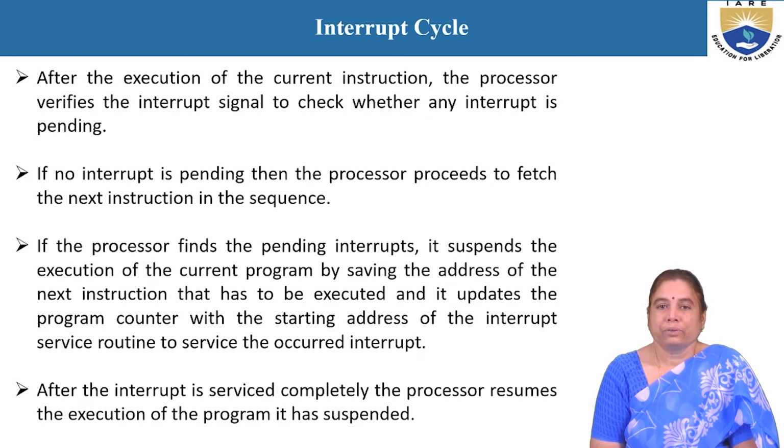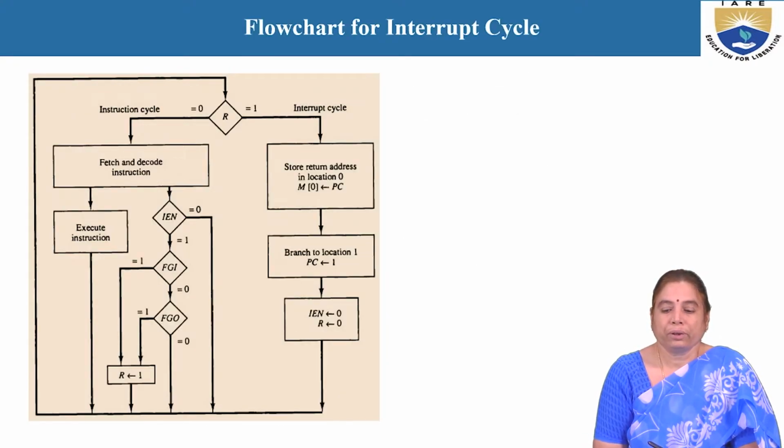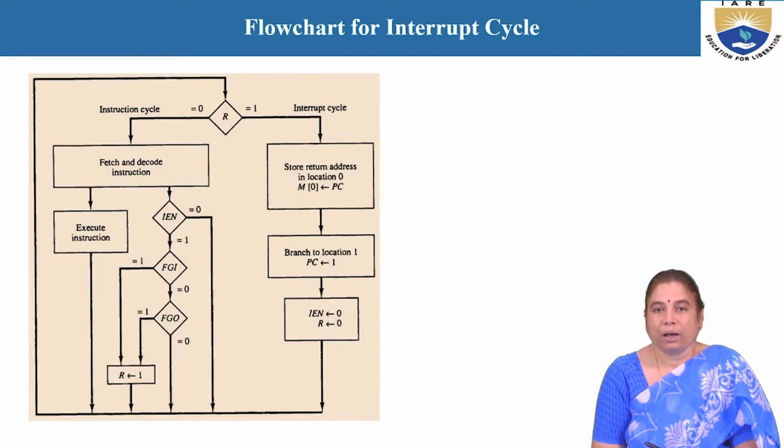What is the execution of the interrupt cycle? How can it be performed? This is the flowchart for the interrupt cycle. R is the flip-flop. By using this, the CPU can detect whether an interrupt is enabled or not.